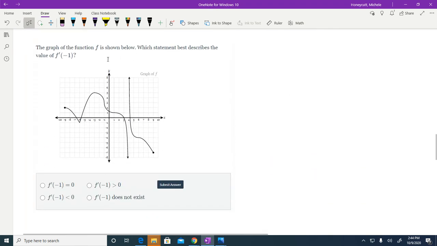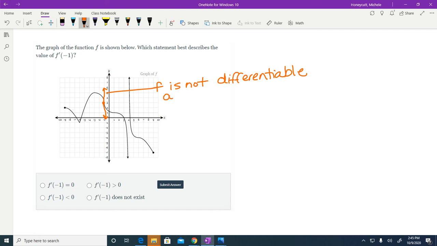The graph of a function f is shown below. Which statement best describes the value of f prime of negative 1? Well, at negative 1, if I were to sketch in a tangent line, I would be drawing a vertical tangent line. Well, if there's a vertical tangent line, that tells me that f is not differentiable at x equals negative 1.